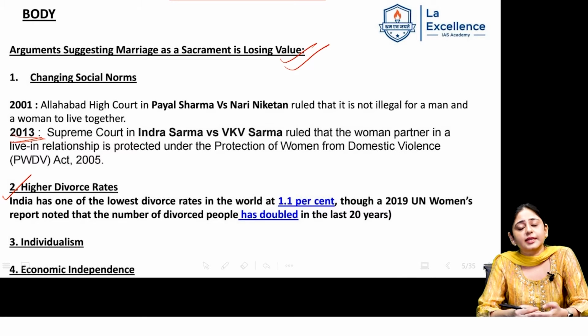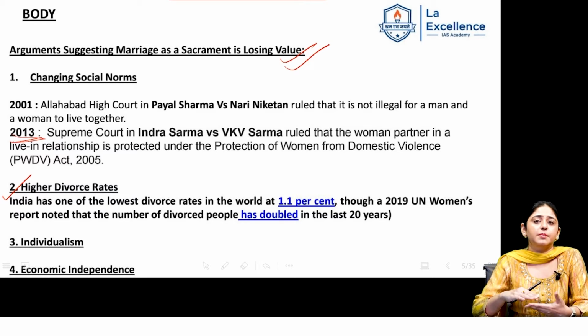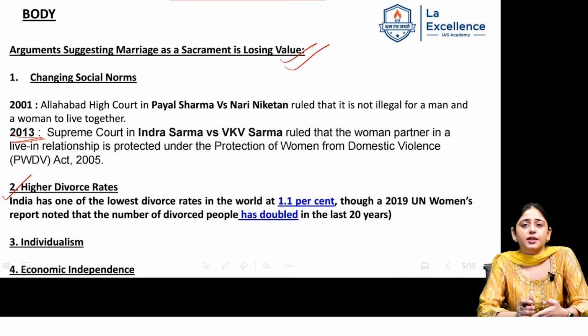It was seen as a stigma, as a taboo, right? But now if people find themselves caught in a marriage, or there is no compatibility with the partner, or the partner might be abusive, or indulging in some kind of violence, they are not shying away from getting divorced. They're not thinking of marriage as something very divine, or that if you are married once, you cannot get a divorce. So again, it shows that marriage as an institution is losing its value, right?